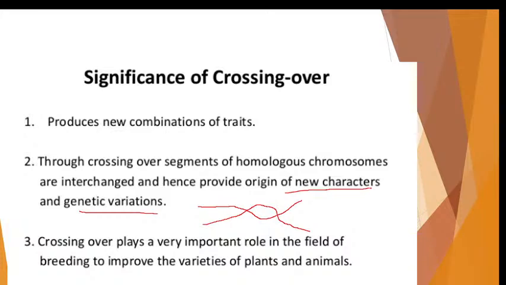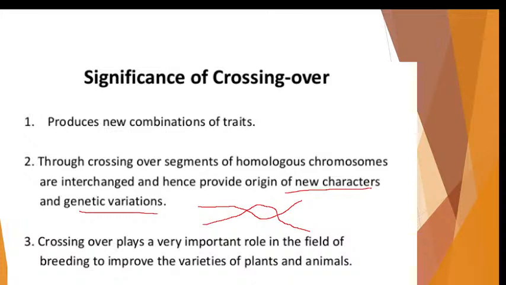Then, crossing over plays a very important role in the field of breeding. New combinations of chromosomes result in producing new varieties, like in plant breeding or animal breeding. In experiments, what usually is done is the wild type variety will be crossed with the yielding varieties, the plants or the animals.